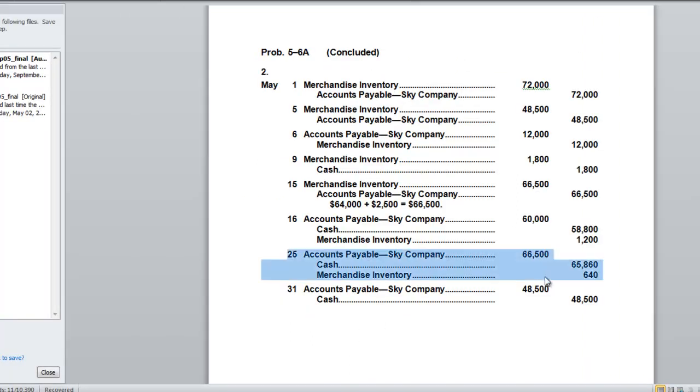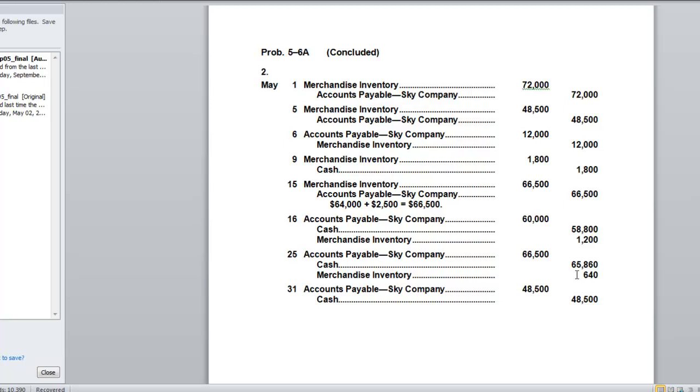Let's take a look at what the journal entry will look like. Okay, guys, so remember it was a $64,000 purchase. We got a 1% discount. Okay, so we originally owed them $66,500, right? But this $66,500 is actually comprised of $64,000 plus the $2,500 in shipping. We don't use the shipping when we make the calculation of the discount. The discount is on the price of the inventory. It was $64,000.